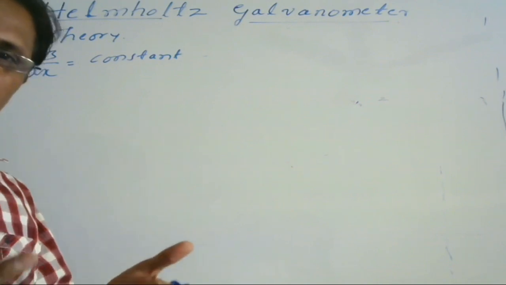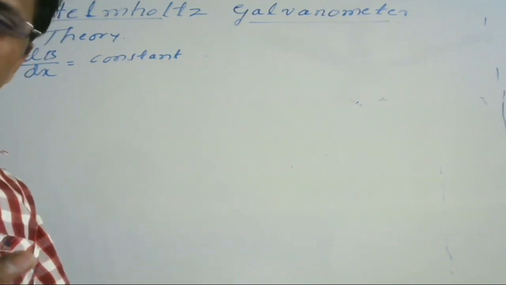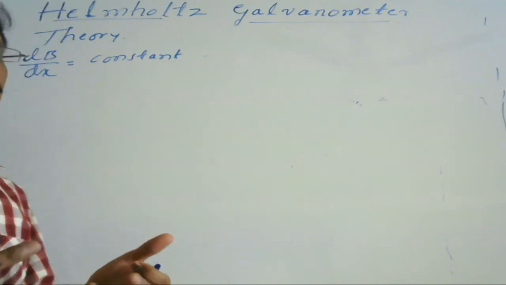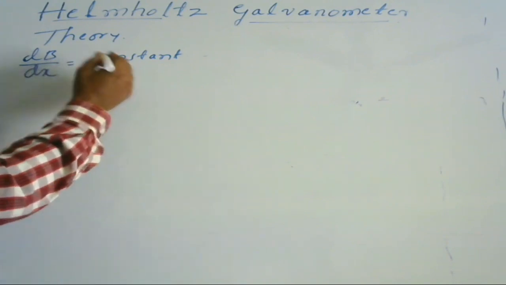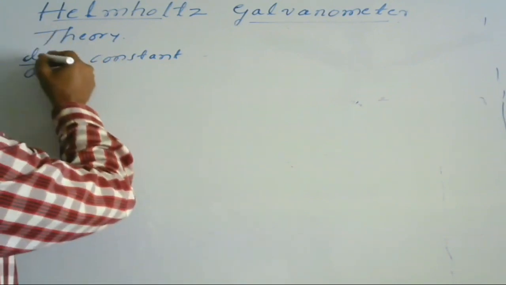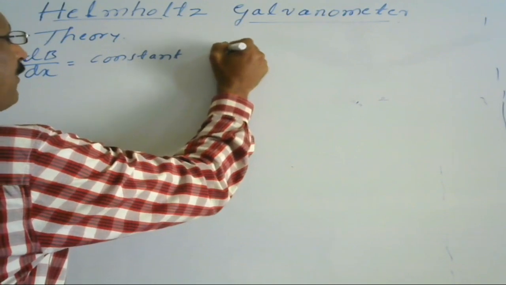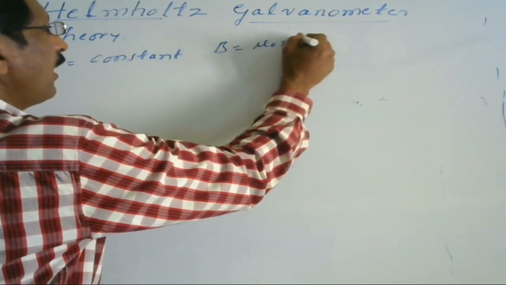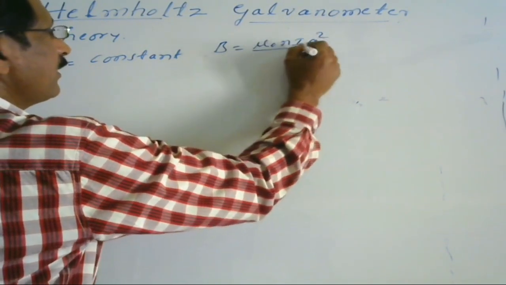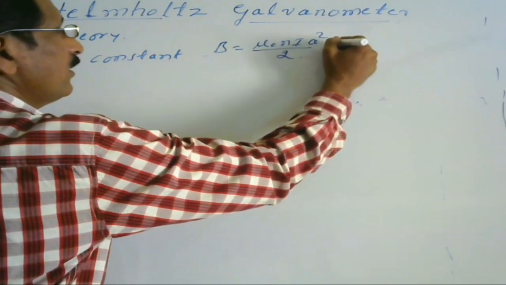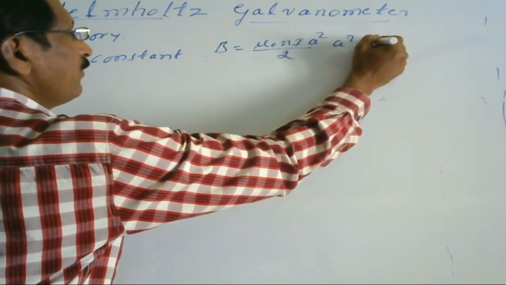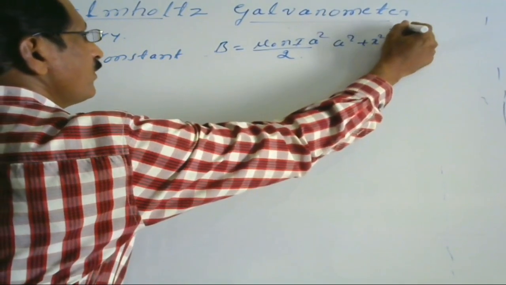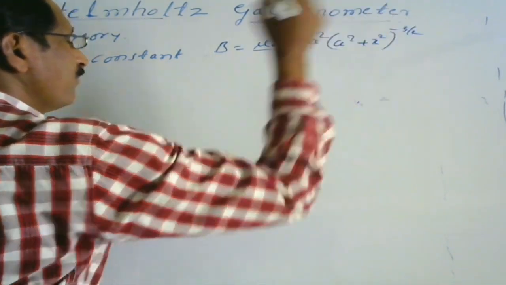We know that the rate of change of the resultant field is constant, that is dB by dx is equal to constant. Here B can be written as mu naught N I A square divided by 2 into (A square plus x square) raised to minus 3 by 2.